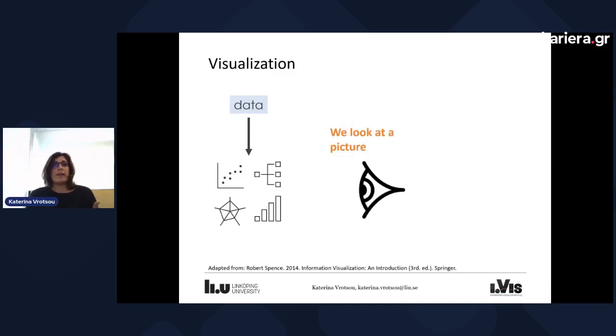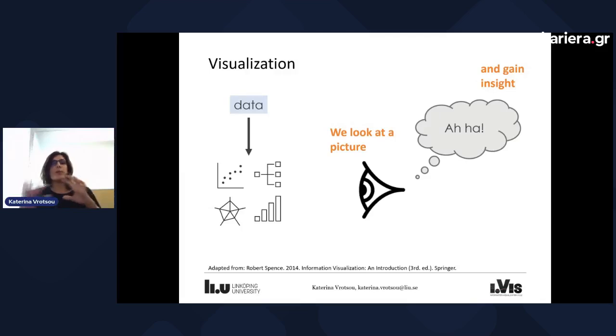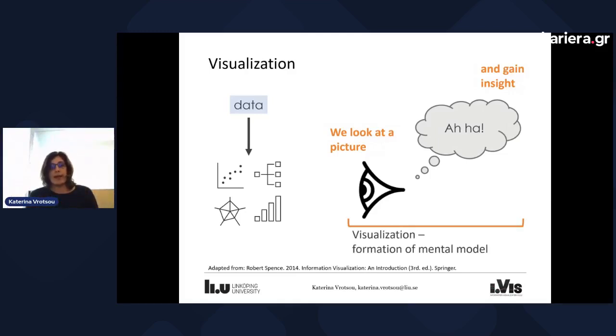And we can then look at this picture, and this helps us to understand something, gain some insight. So what we see on the screen is not a visualization, it's a visual representation of data. Visualization is what happens in the brain. It's the process of building our mental model, but we use visual representations in order to achieve visualization.